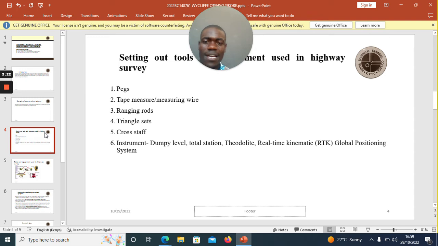Some of them are the dumpy level, the total station, the theodolite, and the real-time kinematic global positioning system, abbreviated as RTK GPS. I hope you have well understood those tools. We shall talk deeper about them as we proceed.